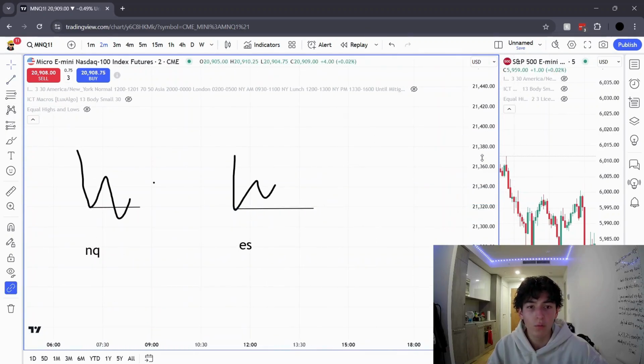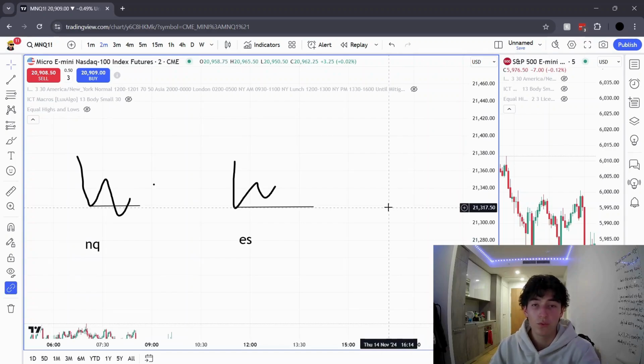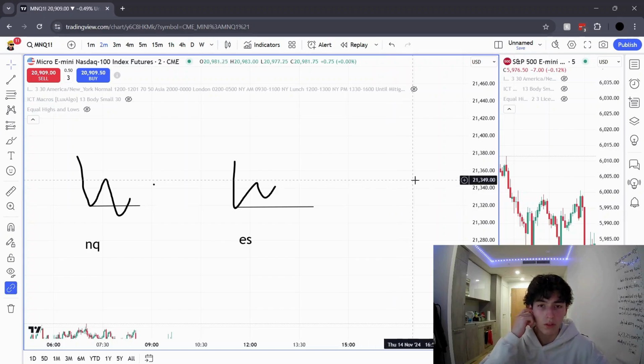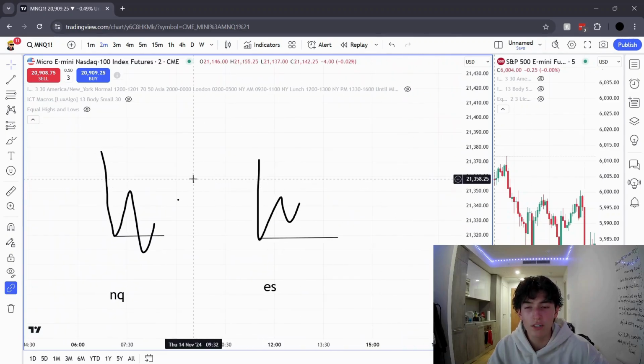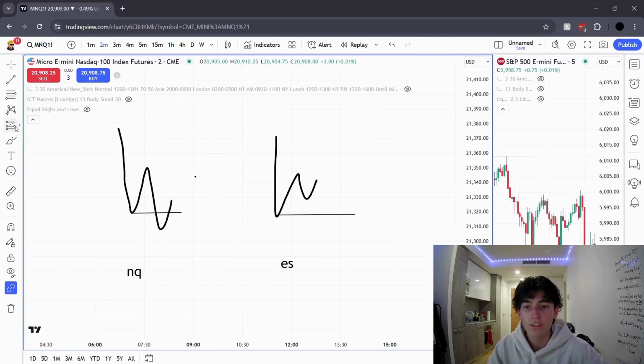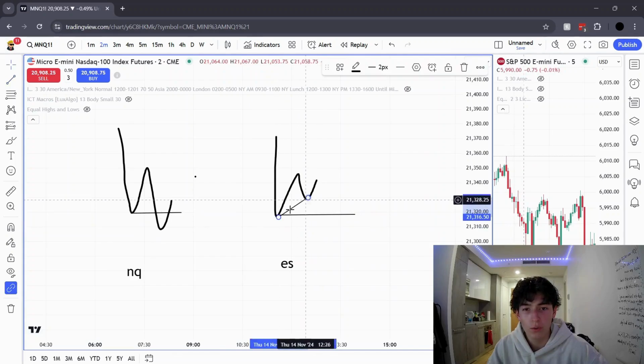Now, why would that matter? Well, because these two tickers are correlated with each other, right? They trade in the same pattern, in the same way. So whenever this happens, this is what's called an SMT. Now, this is a bullish SMT, whenever ES does not sweep the low, but NQ does.